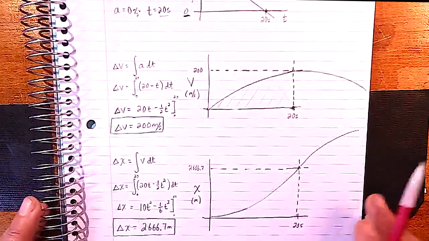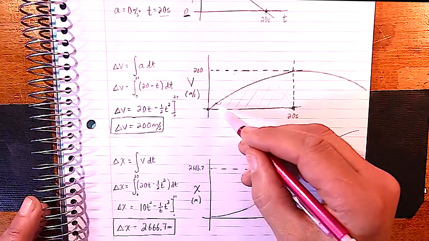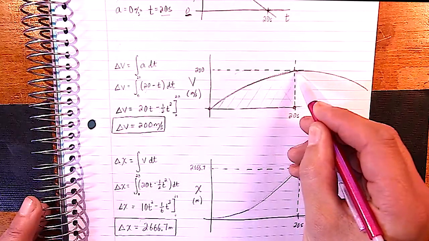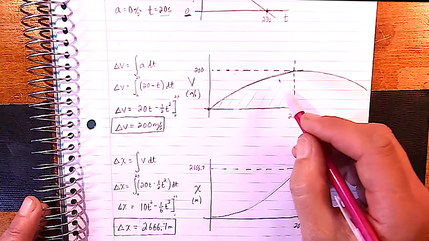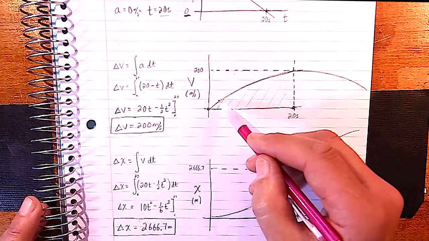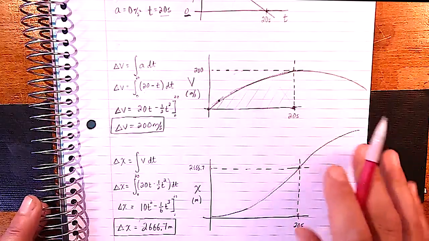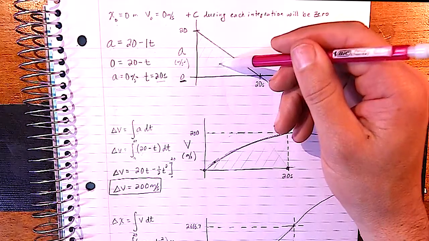Well, you can do this in your graphing calculator if you want to, and you'll see that the line will start to decrease in slope up to here. So, what is the slope of this line at any moment in time? Well, the slope of a velocity time graph is our acceleration.